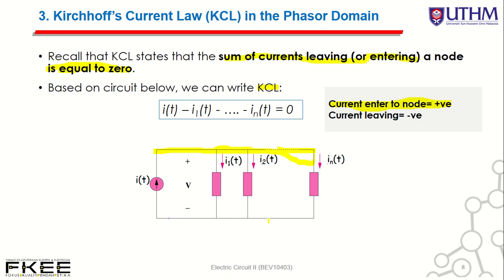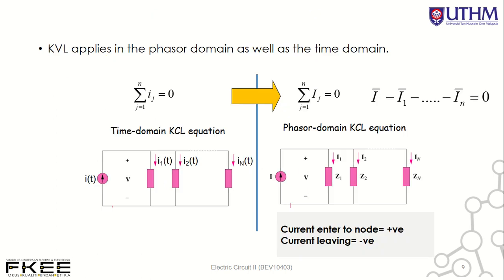So you have to really understand KVL and KCL. For time domain, the summation of current entering equals current leaving. Similarly, for phasor domain, you can write in phasor form. First of all, you have to transform from time domain: this is i(t), i1, i2, and in, so you write capital I, capital V, I1, I2, and I3.